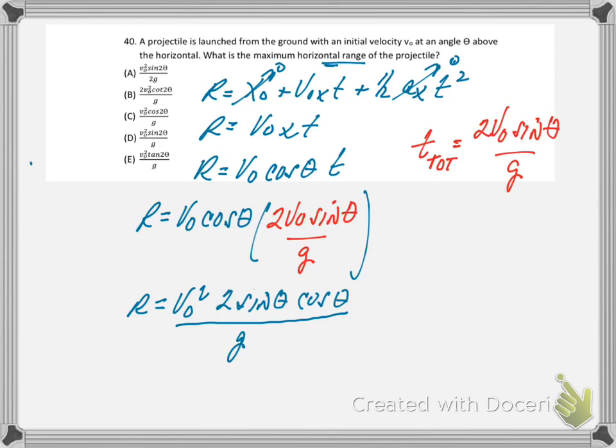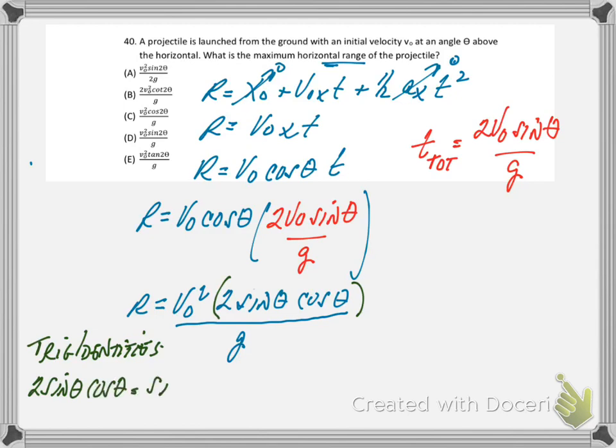All right, looking at this, we can see this term here, and going from our trig identities, we know that 2 sine theta cosine theta equals sine 2 theta.